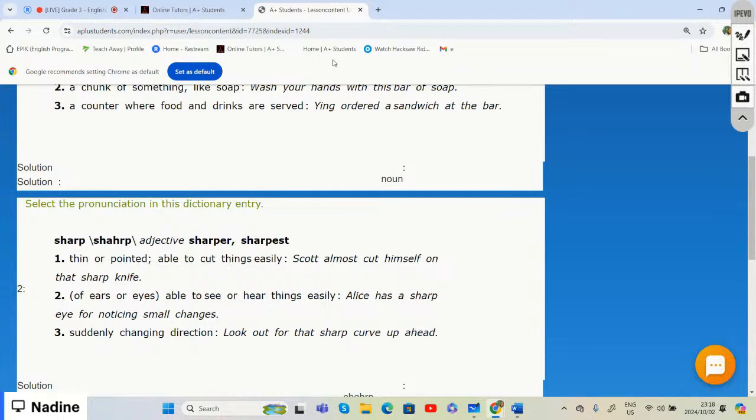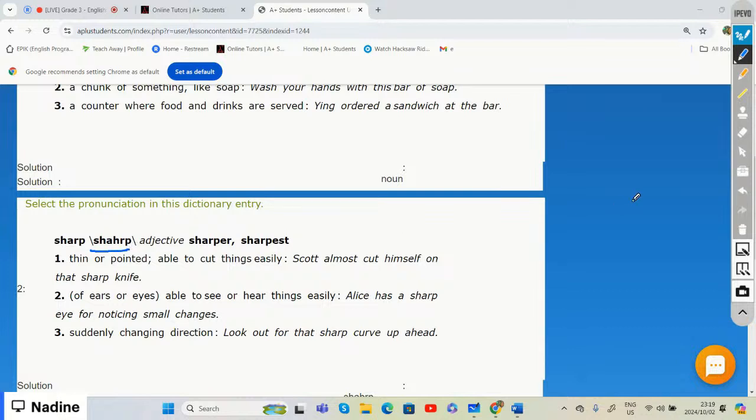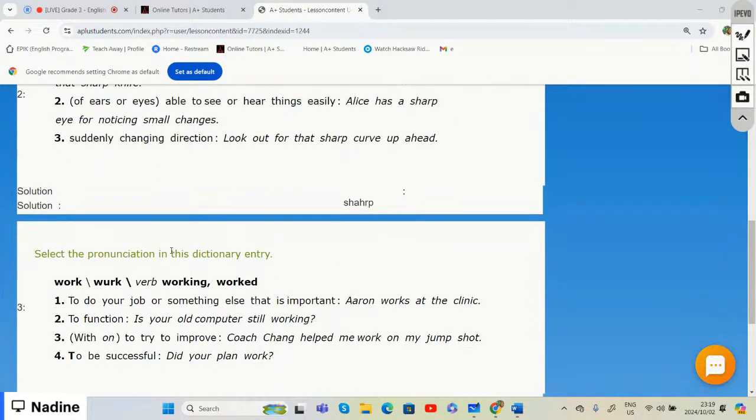If we were to select the pronunciation, then we would say it is this one, which is sharp. It's telling us how we need to say the word, to pronounce the word.